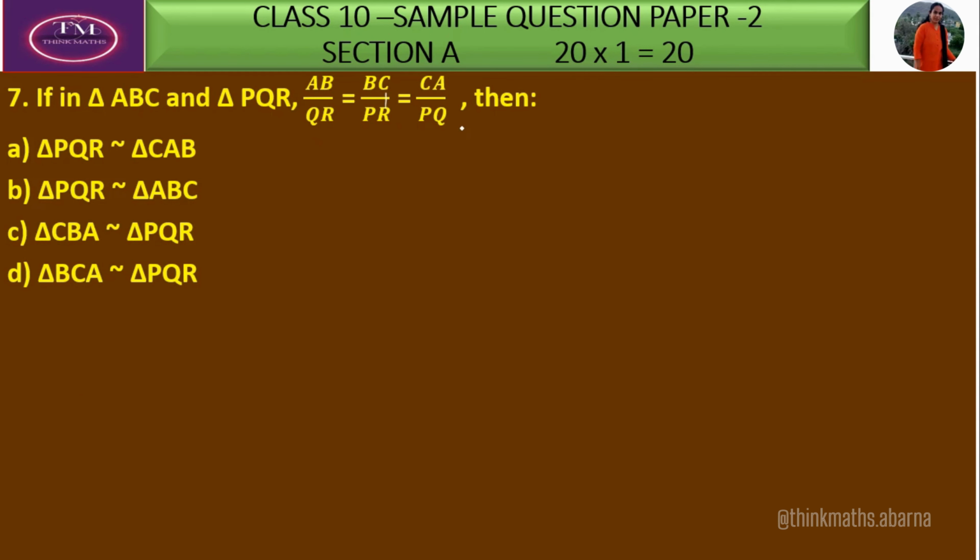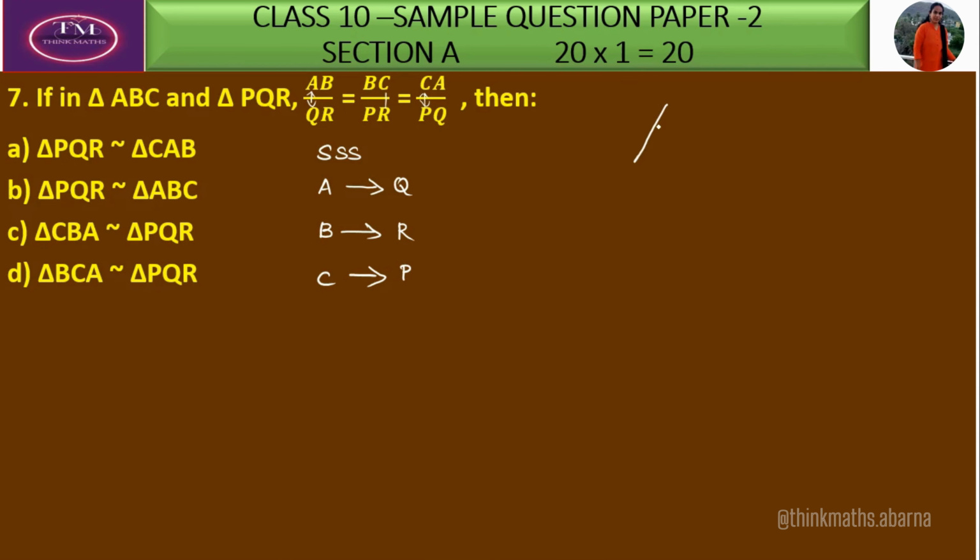Here the sides are proportional. So by SSS criteria, let us first write A, B, C. Here A is proportional to Q. Next B is for R. Next for C we have P.